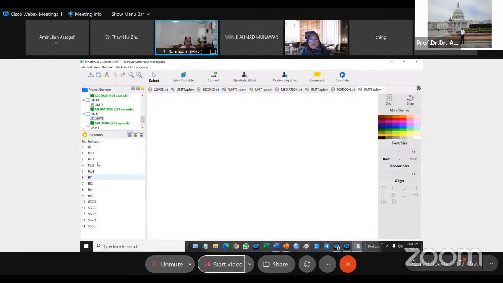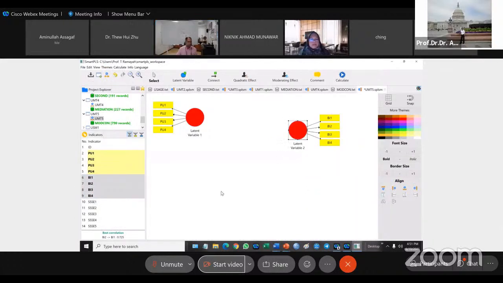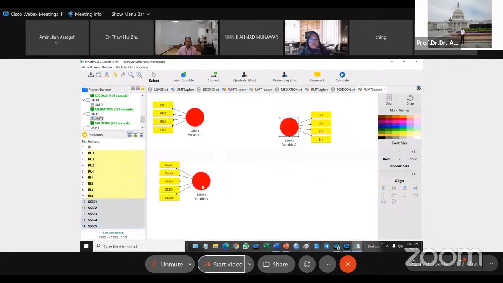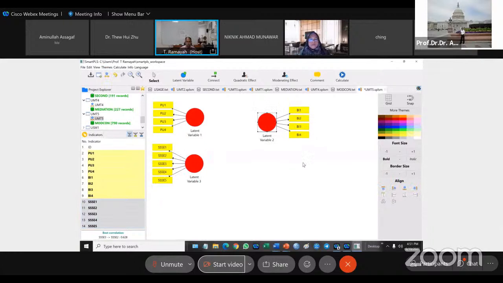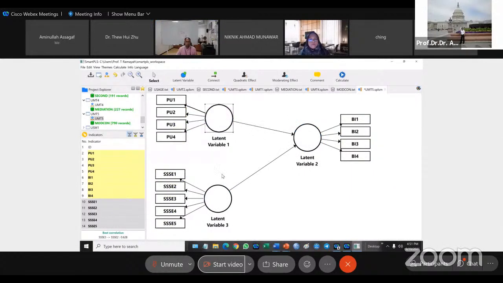PU is your independent variable. Drag and drop PU. Behavioral intention is your dependent variable. And statistical software self-efficacy is your moderator variable. Okay, so that is how you draw the variables.